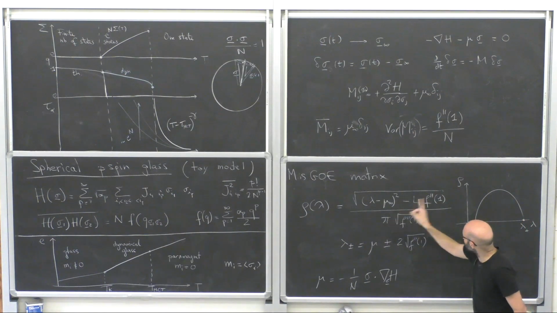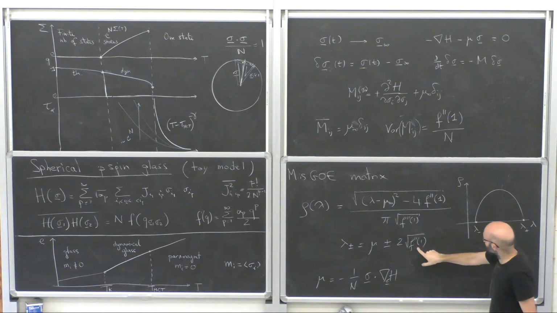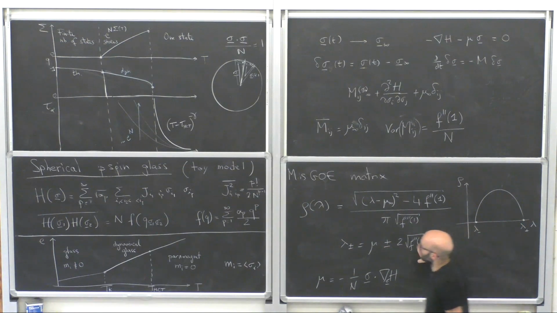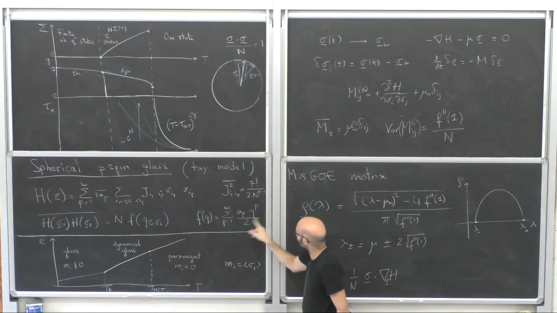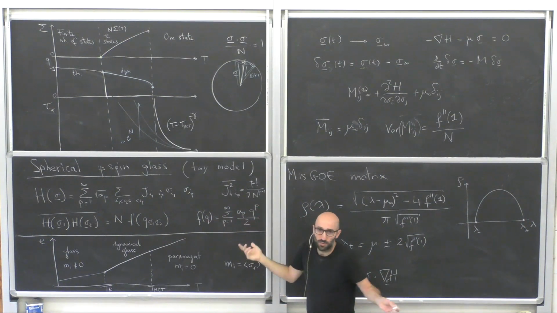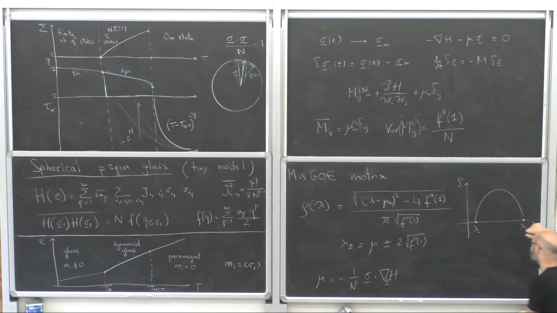But apart from that, all the rest is a constant, okay? It's a property of the model. You take this thing, you take two derivatives, compute it in q equal 1, and it's a constant. So this means that the spectrum is centered in mu, and depending on the value of mu, the spectrum will shift to the left or to the right.